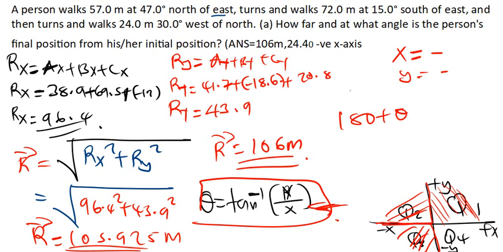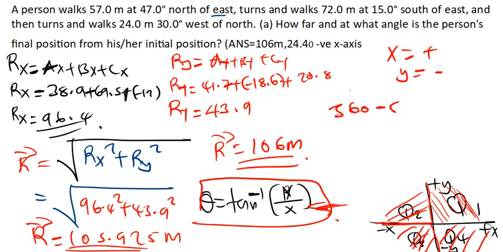The next thing is if x is positive and y is negative, then it is in the fourth quadrant. In the fourth quadrant, provided that you have plugged in positive values only, you say 360 minus the theta, and that is the angle we are looking for.